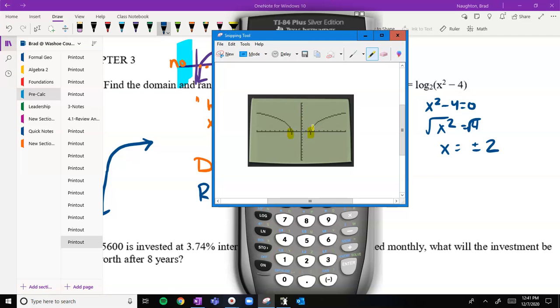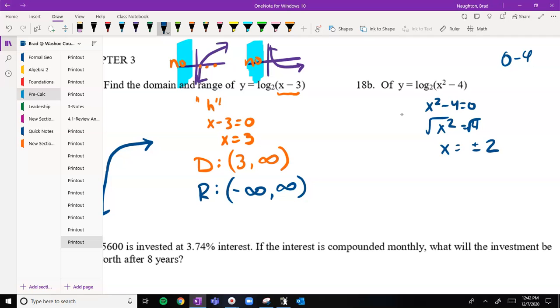Alrighty? So the idea is it can go this way forever and this way forever, but not in between, because anything in this region right here is going to make it so your x squared minus 4 is less than 0. So if I pick in 0 and plug it back in over here, I would get 0 minus 4, which can't be done, hence why the graph is not there.